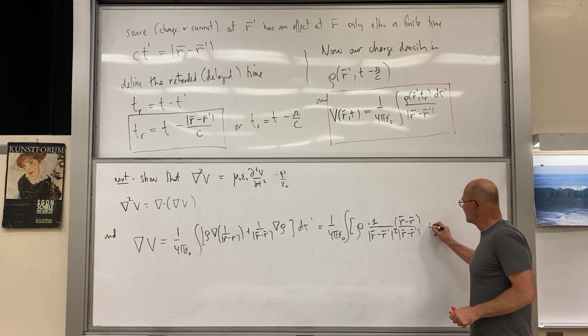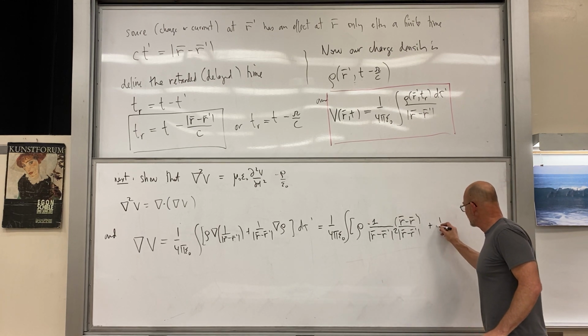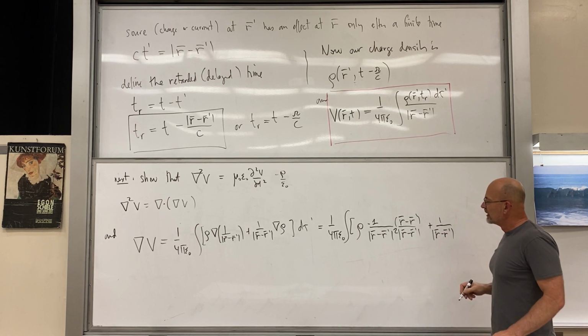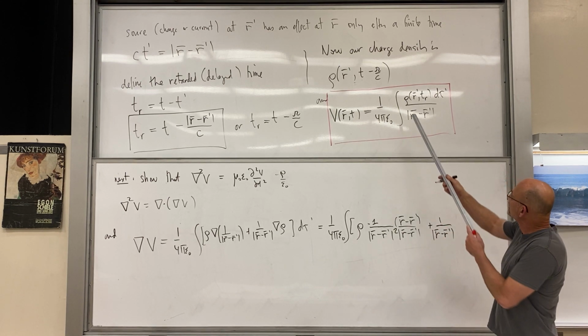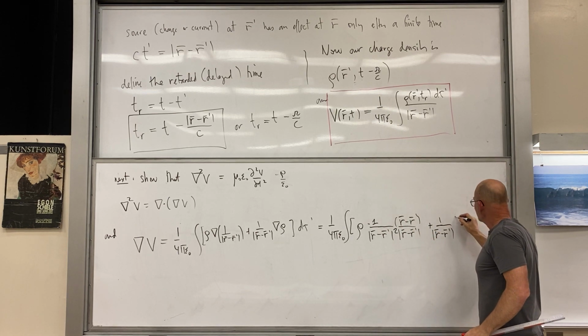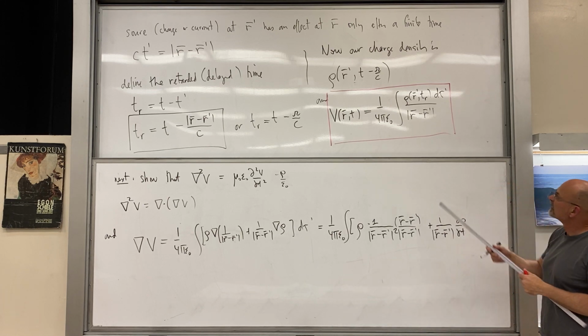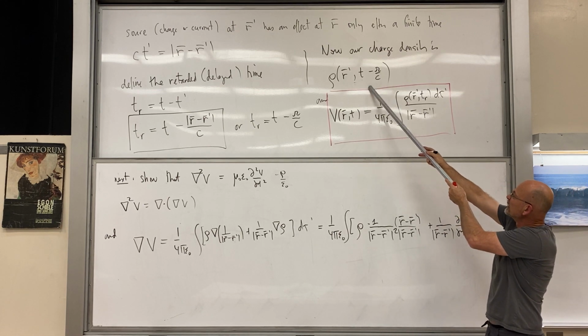Okay. And this other one is a little trickier. So here we have 1 over the magnitude of r minus r prime times the gradient of rho, that's why it's good to have this thing right out here. The gradient here is going to be d rho dt. Okay, so I'm doing it with respect to this argument.